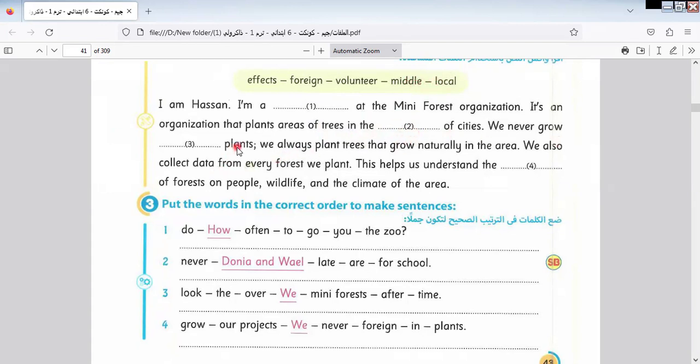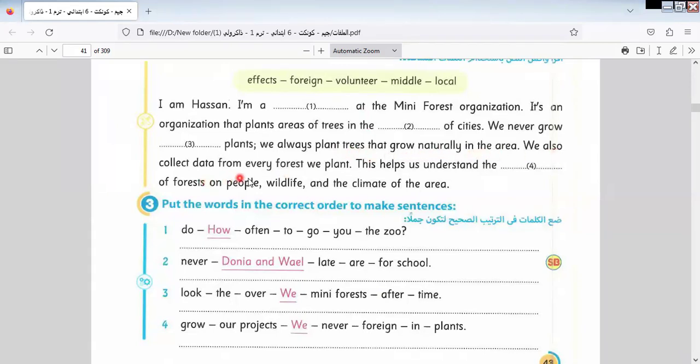We never grow foreign plants. We always plant trees that grow naturally in the area.